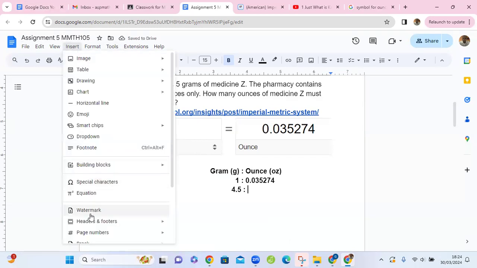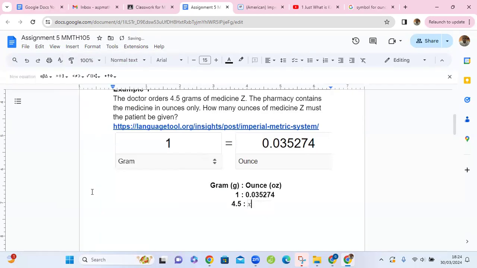We can go to Insert to look for the italic X. And now we're going to cross multiply and divide. We have to divide by the number diagonally away from the letter X, and that number is 1. So we have to divide by 1.